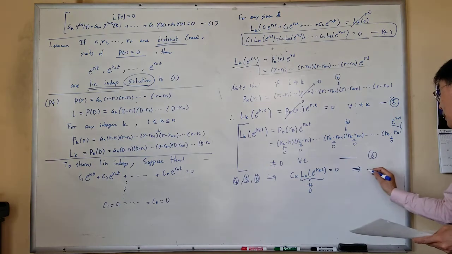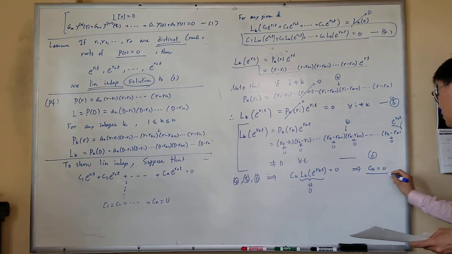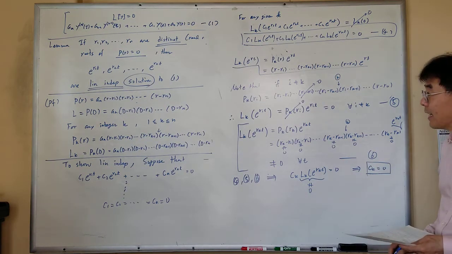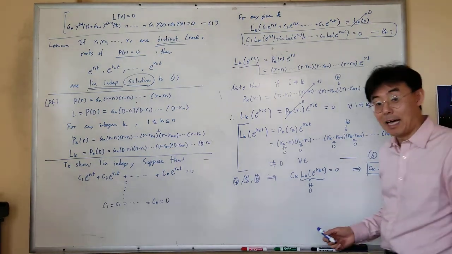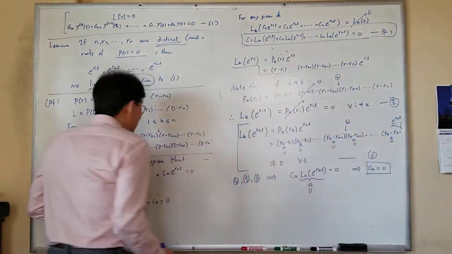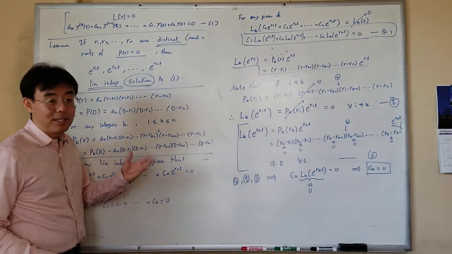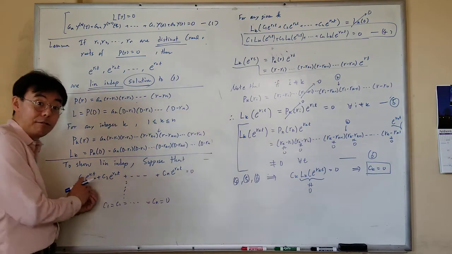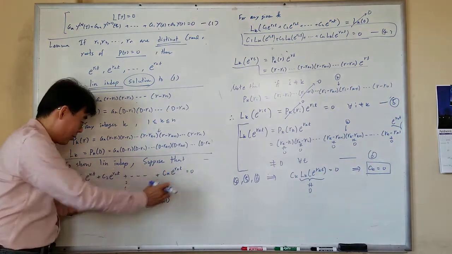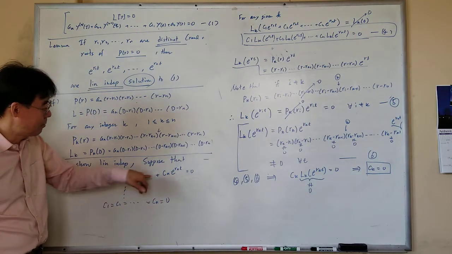That means c_k must be 0. Okay. I know that this is very confusing. I admit. But this is a general way to handle this proof. When you have a magically disappearing combination, every constant must be 0.